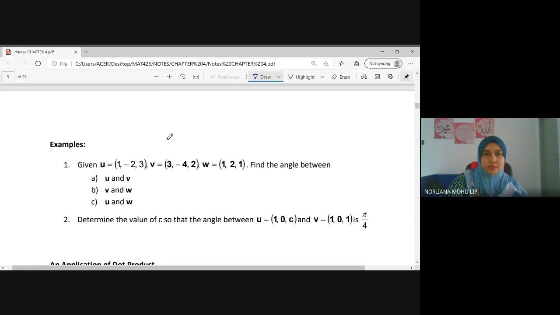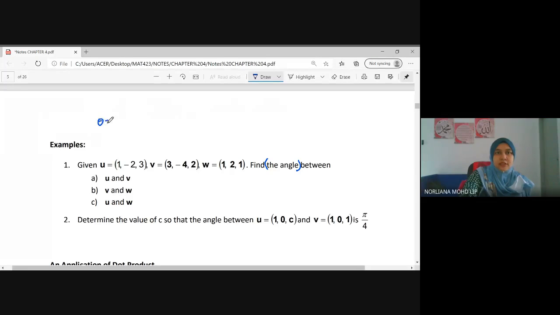Okay, look at this example. Find the angle between U and V. So we use this formula.